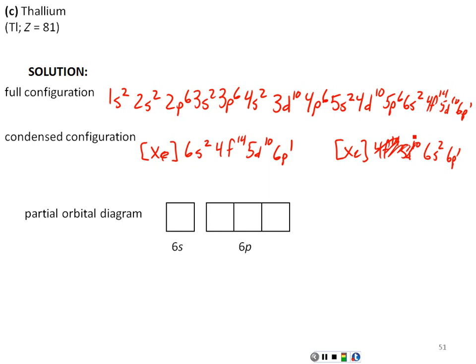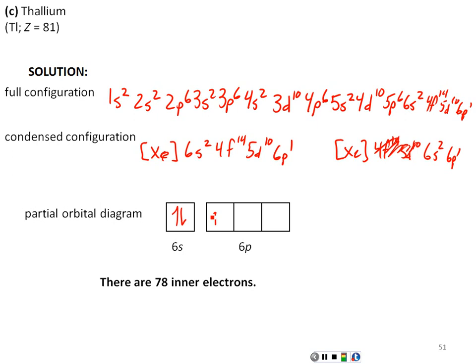So the partial orbital diagram, we're not considering the f and the d for this. We're just looking at the s and the p. So there's 2s and 1p. And we're not going to count it up, but there are 78 inner electrons. Again, your book really considers the filled f shell and the filled d shell as inner electrons.